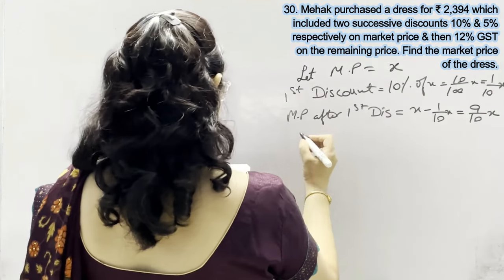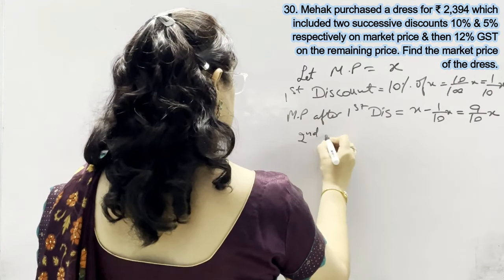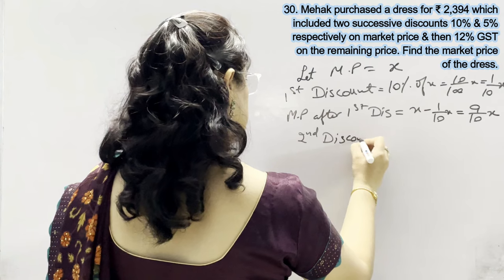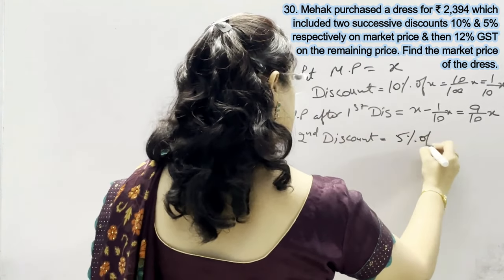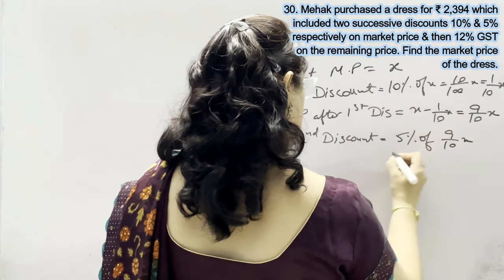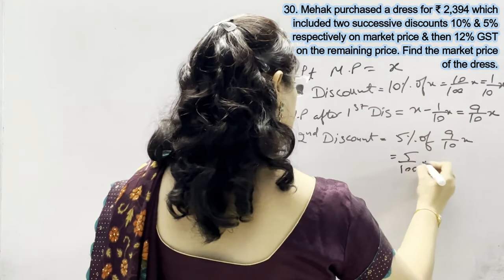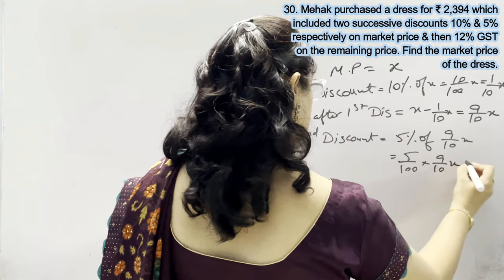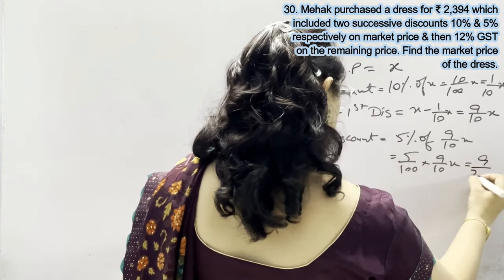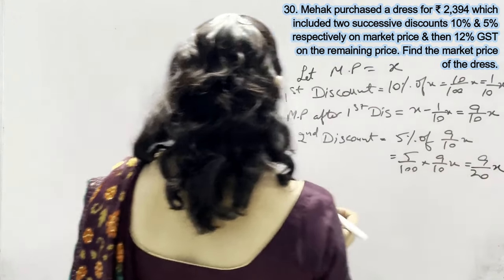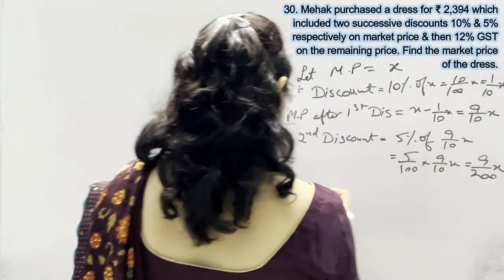Now second discount. Second discount, its value is 5%. So 5% of 9 upon 10x. It means 5 upon 100 into 9 upon 10x, and value comes out to be 9 upon 200x.